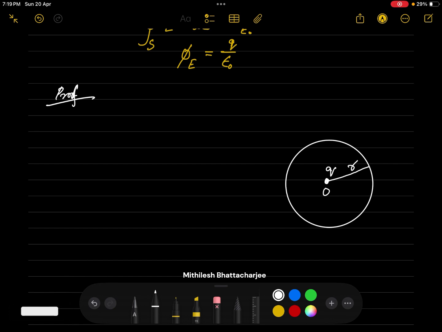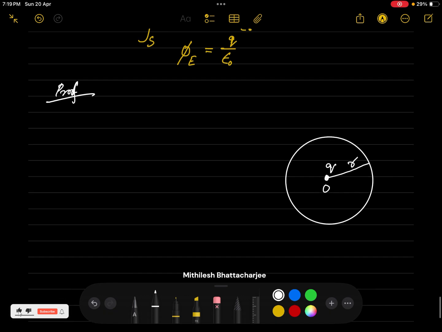So ds is denoted by this, and the electric field is denoted by this. And the radius is r.